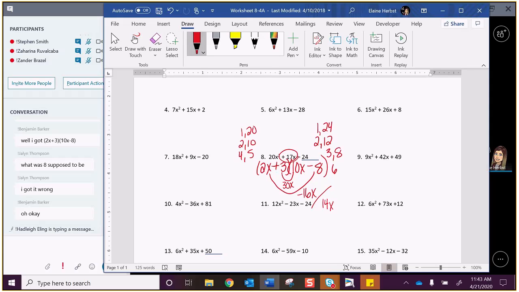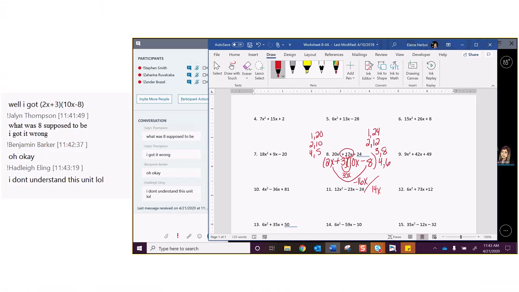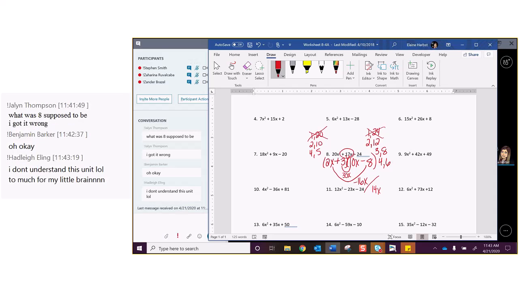So let's start with 4 since I can keep my pattern going. 4 and 6. So that's a ton of combinations. Now, I typically share with students, and this is not always the case, but more often than not, we won't use those first factors, the 1 comma 20 or the 1, 24. More times than not, you'll see the factors be more like 2 and 10 or 4 and 5.